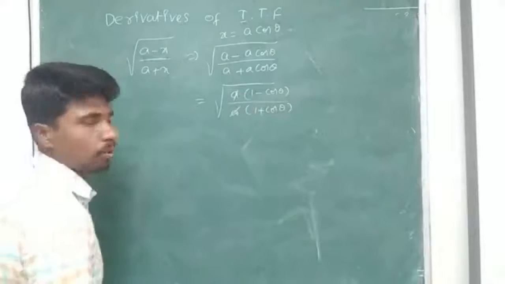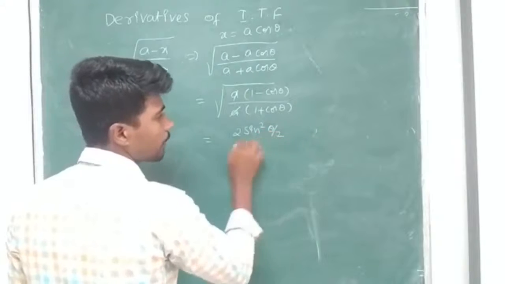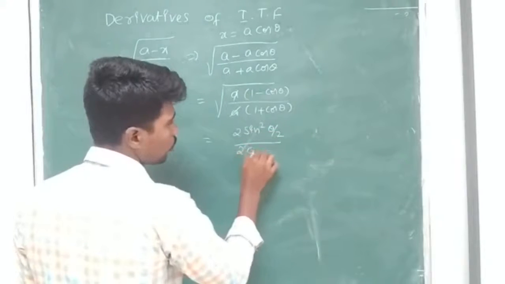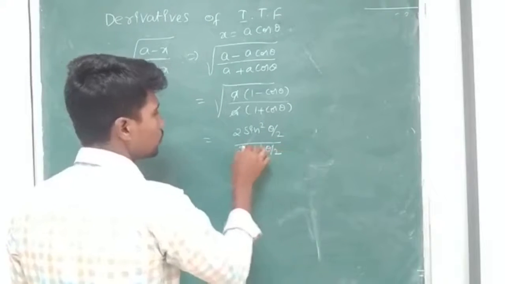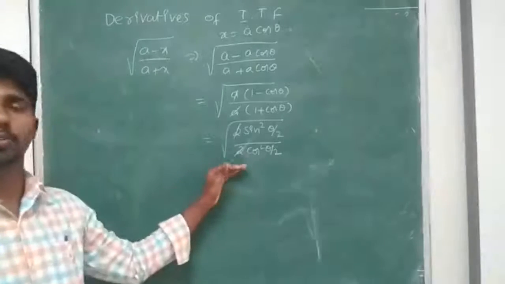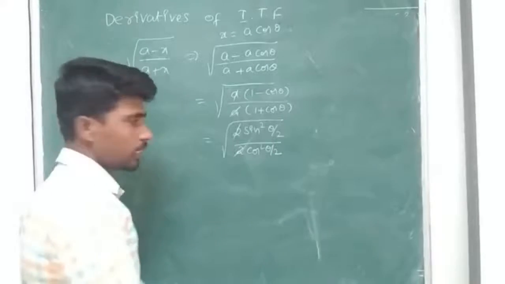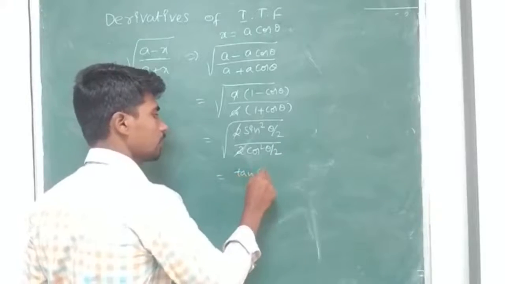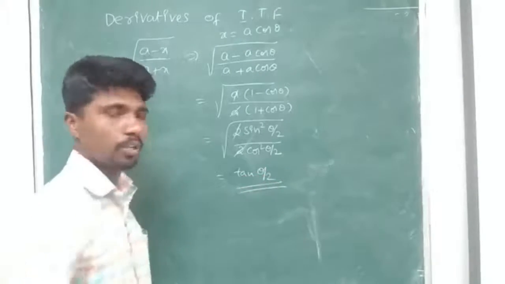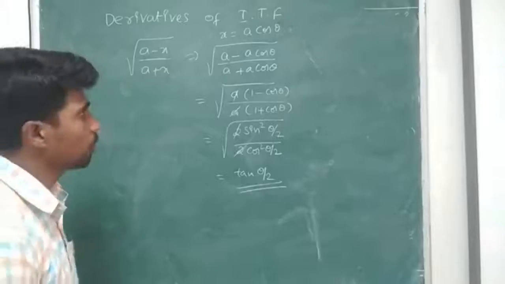A gets cancelled. 1 minus cos theta is 2 sin square theta by 2, and 1 plus cos theta is 2 cos square theta by 2. 2 gets cancelled again. The root of sin square theta by 2 by cos square theta by 2 can be replaced as tan square theta by 2. Root of tan square theta by 2 is tan theta by 2. So to get these particular things, we use these substitutions. Now we shall do the problems.